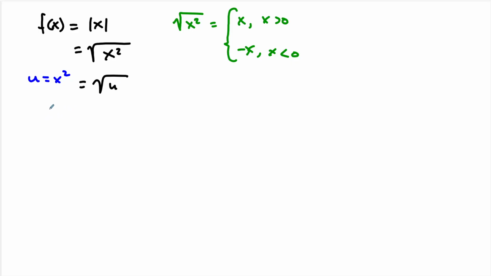Okay, so then f prime of x, which is our derivative, let me rewrite f of x as u to the 1 half, because the square root is just the 1 half power. So f prime of x is 1 half u to the 1 half minus 1 times u prime.